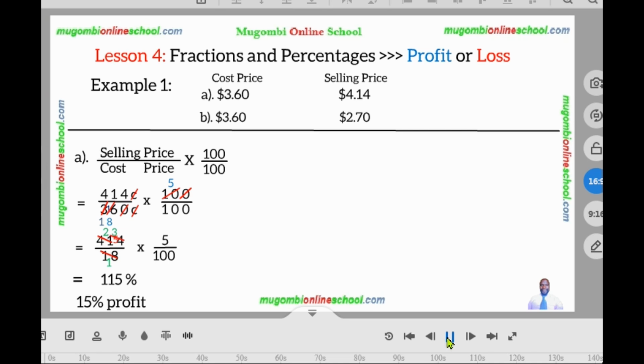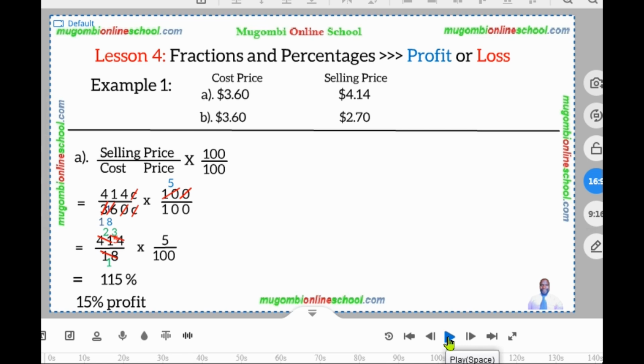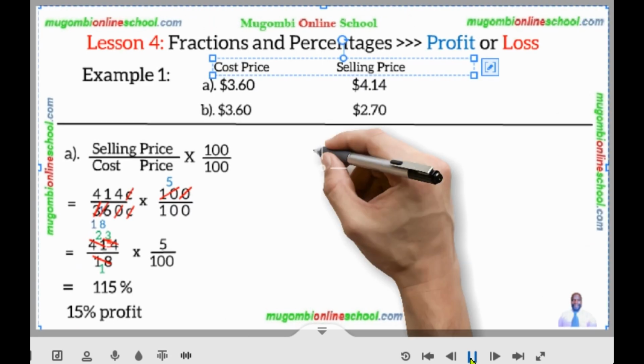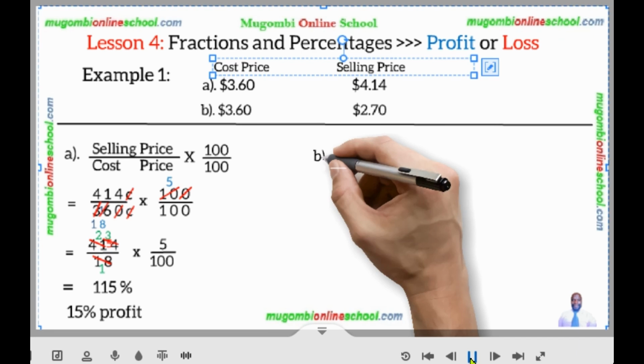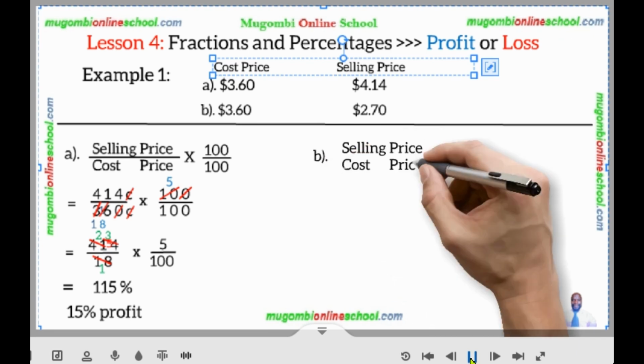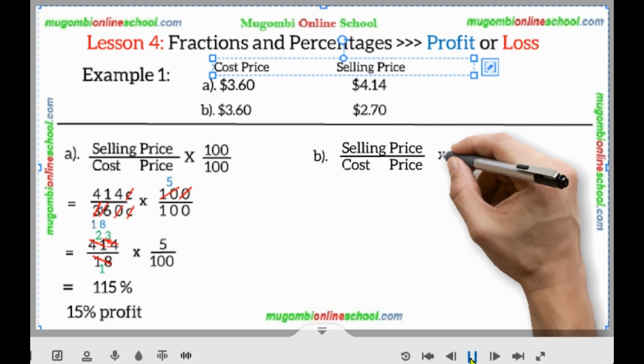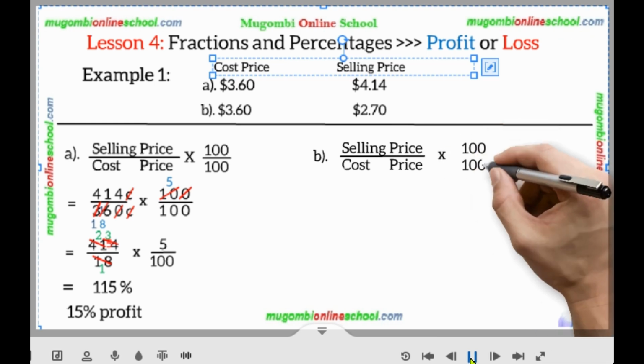So this is good. Let us move on to part B of the question, which reads $3.60 as the cost price and $2.70 as the selling price. So let us calculate. All right, continuing with part B, 270 over 360. So the selling price over cost price times 100 over 100.